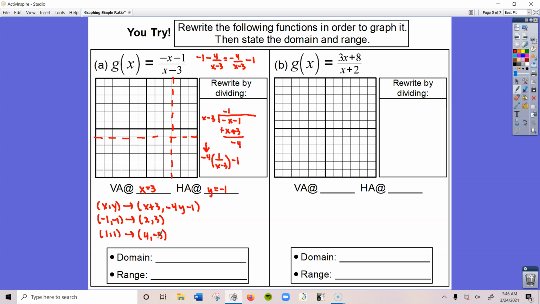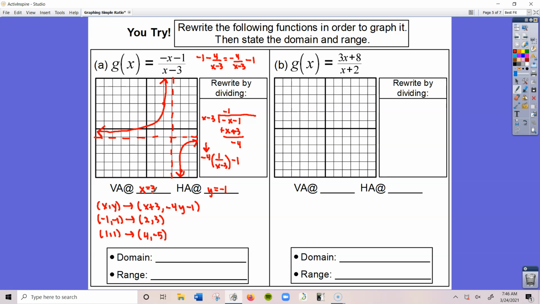So now I'm going to plot these points. So 2, 3, and 4, negative 5. And based on where my points lie, I can graph my function. Now the domain and range.